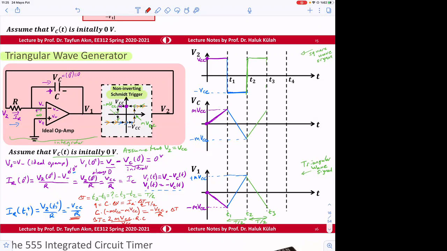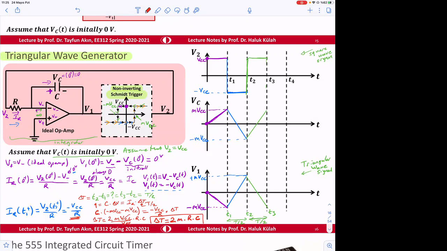That RC comes from R here and C here. Therefore the V_CCs are going to cancel, and delta T will be equal to 2m times R times C. So that's how we can find T divided by 2.